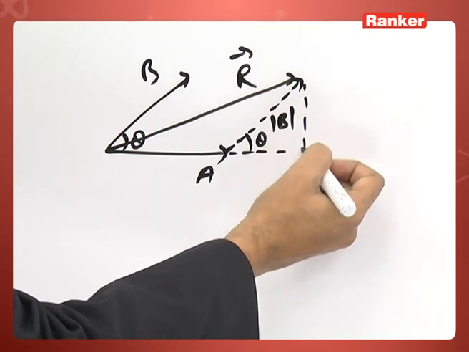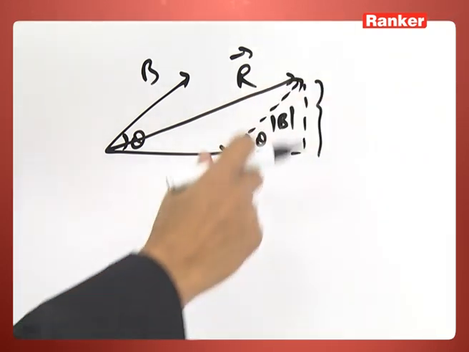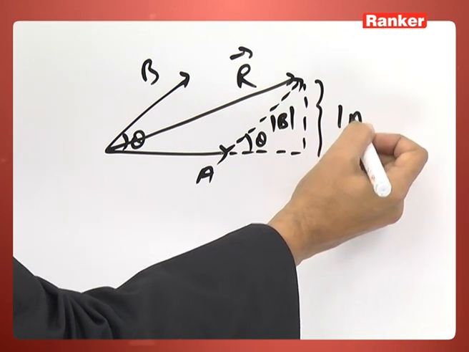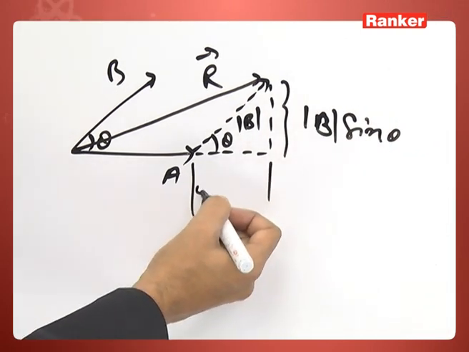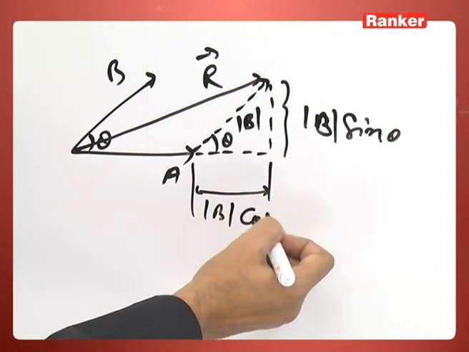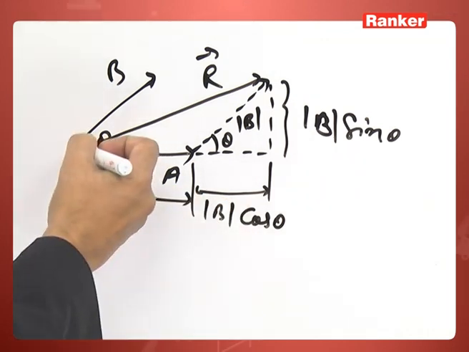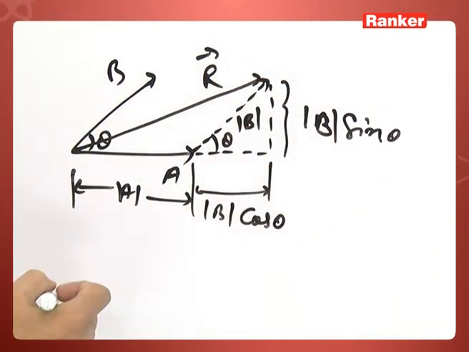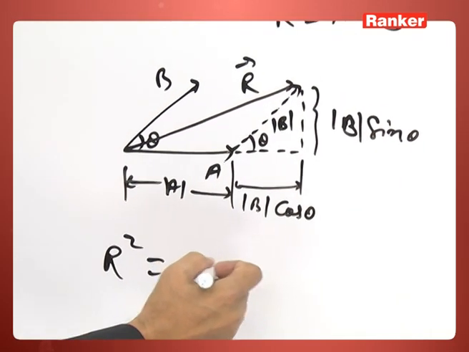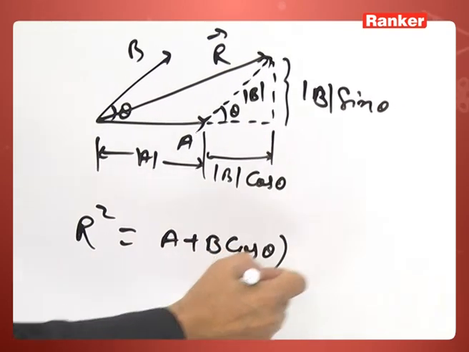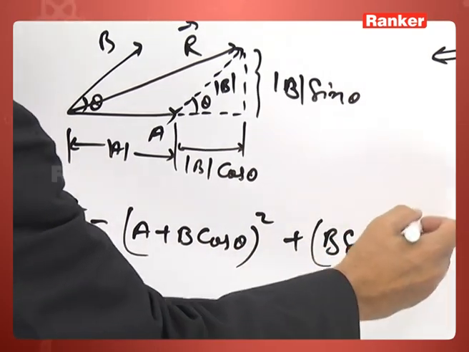Now in this whole triangle, if we use the Pythagoras theorem, this B will be written as mod B sin theta, and this is mod B cos theta, and this is already mod A. Applying the theorem of Pythagoras, R square is equal to this square plus this square: A plus B cos theta whole square plus B sin theta whole square.